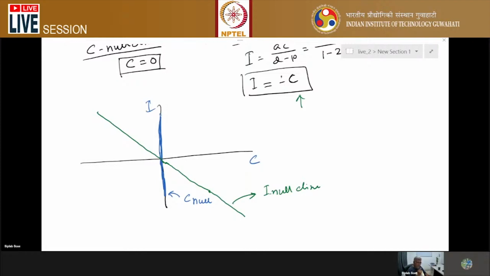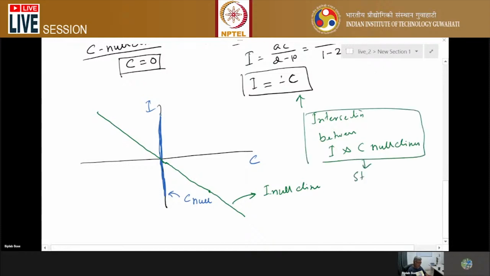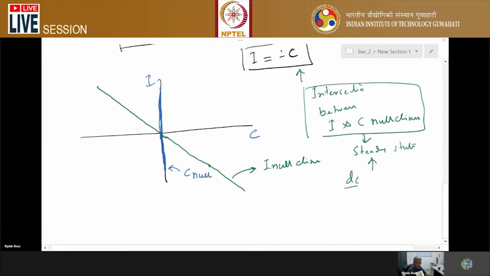it is the intersection between the I and C nullclines. That is my steady state, because there both dc/dt equals 0 and di/dt equals 0.